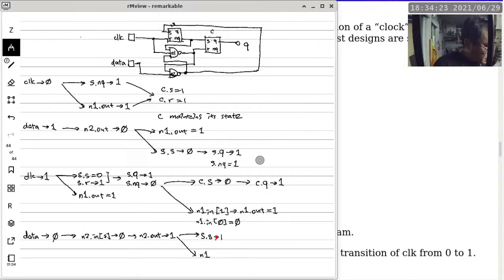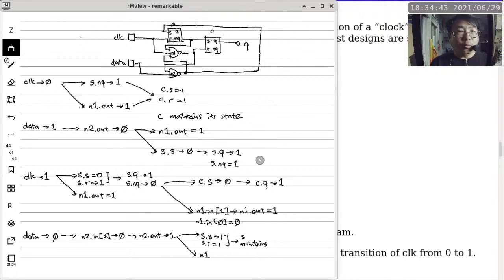So S.S is becoming a 1, and S.R is already a 1. Together, this means the SR Latch S is just maintaining its current state, which also means the output of the SR Latch is not going to change. So now this is basically a dead end.